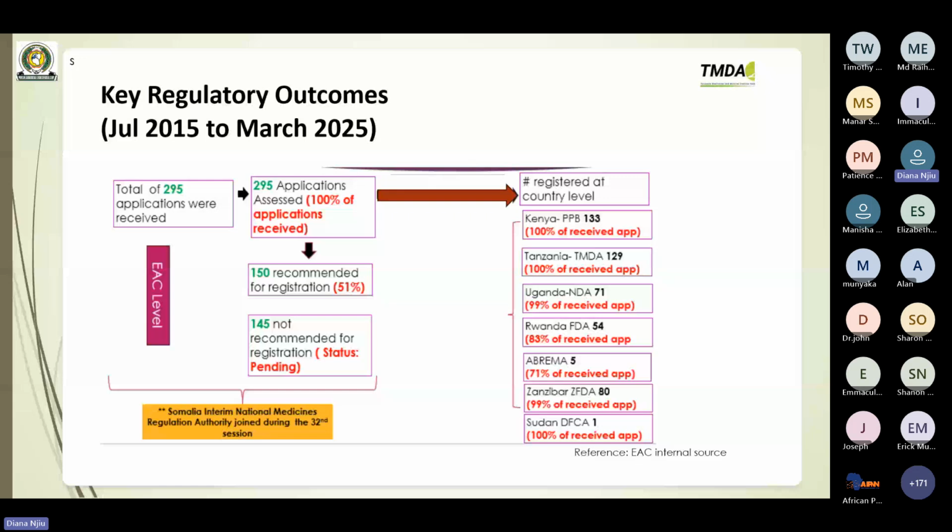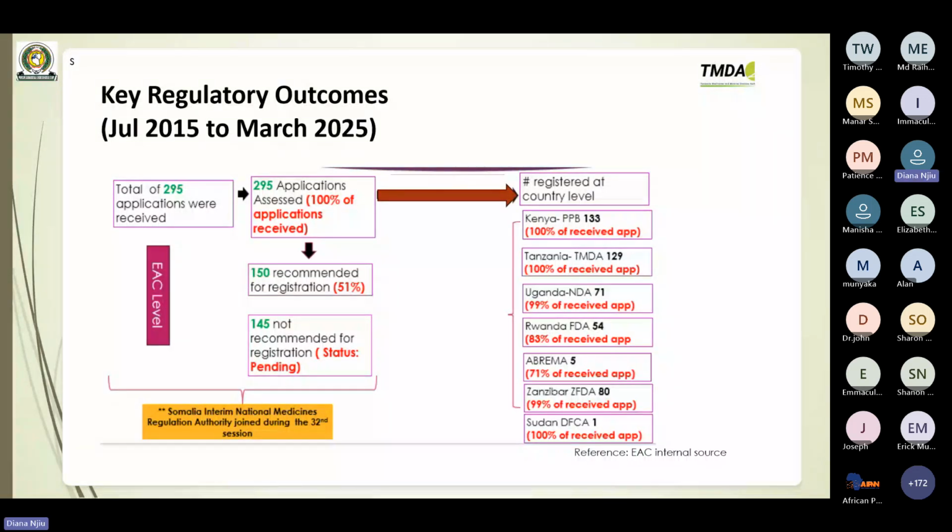So on the right side, you can see different number of applications received for different countries: Kenya, Tanzania, Uganda, Rwanda, Zanzibar, South Sudan. And for the new countries that have recently joined, Republic of Somalia and Congo, we still do not have their number here because they've recently joined and they've also recently managed to participate in the joint assessments.